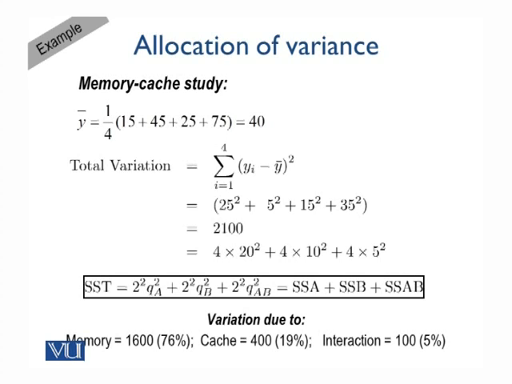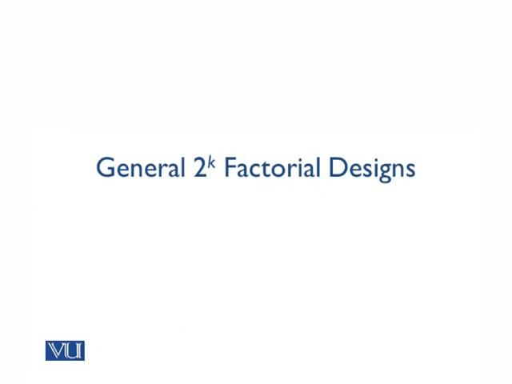So up till now, we have focused and developed the idea of factorial designs for two factors, each having two levels. So this was the 2 raised to 2 design. Let us now move forward and talk about the general 2 raised to k factorial design, in which k is not limited to being only 2.